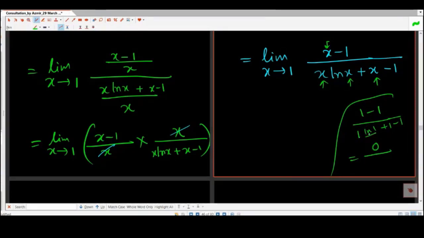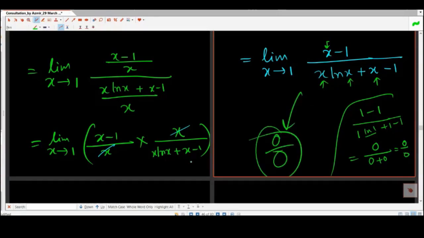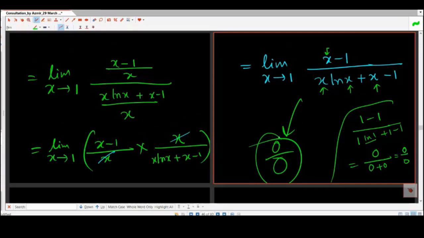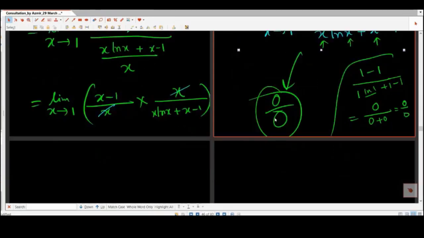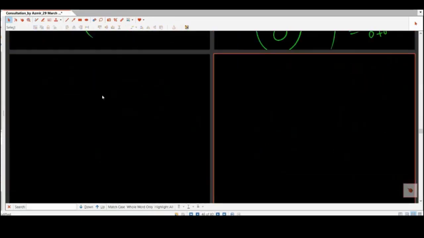Natural log of 1 is 0, 0 times 1 is 0, plus 1 negative 1, 0. So we have 0 over 0 again. So that means we can apply L'Hopital's rule again. Since we have 0 over 0 type here, it allows us to take the help of L'Hopital's rule. So that means we have to differentiate again.